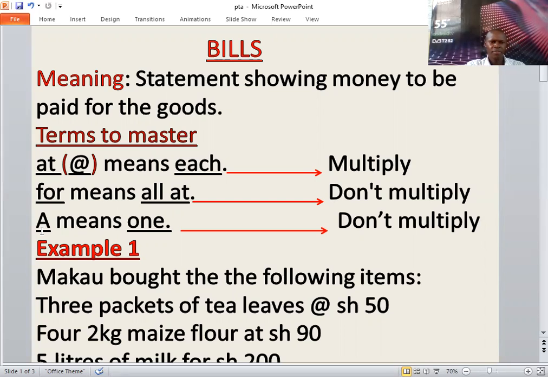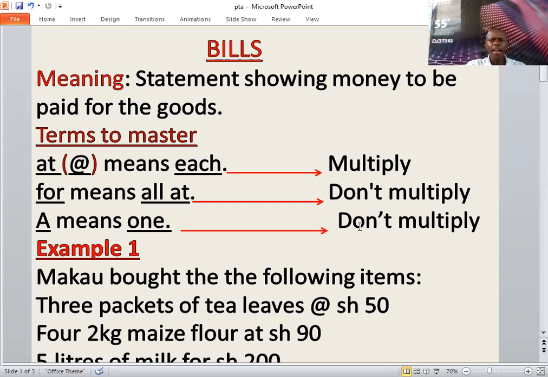A question can be like this one. Kimel bought a 2 kilogram tin of maize at 200 shillings.